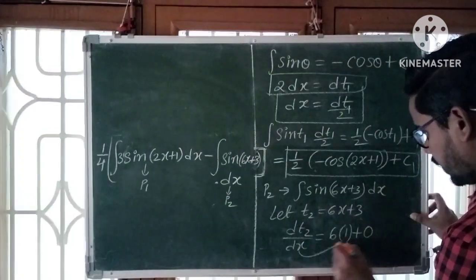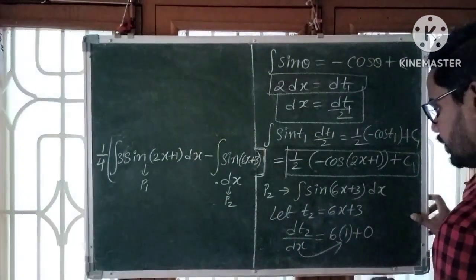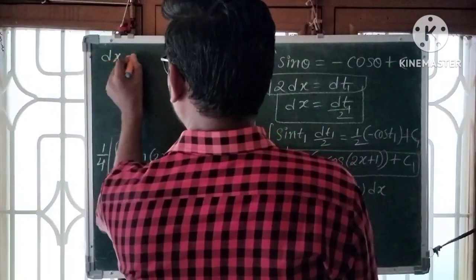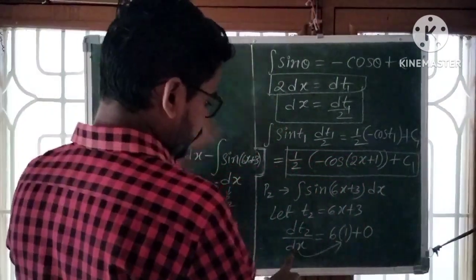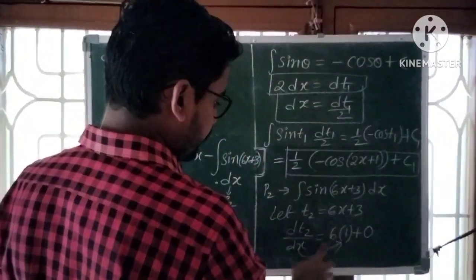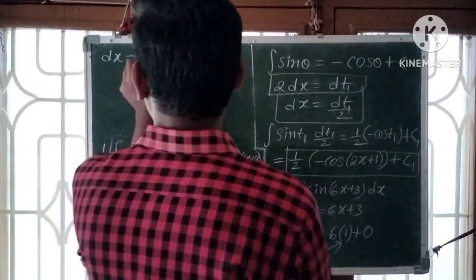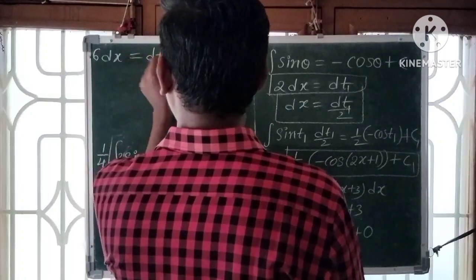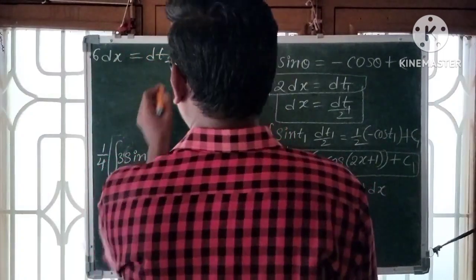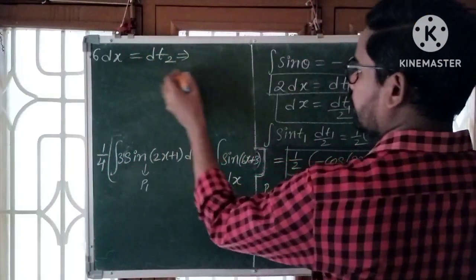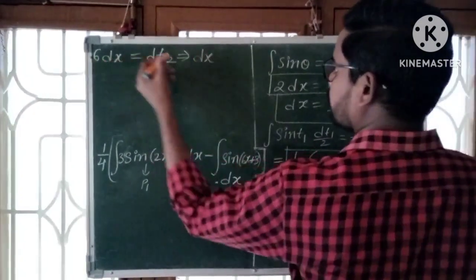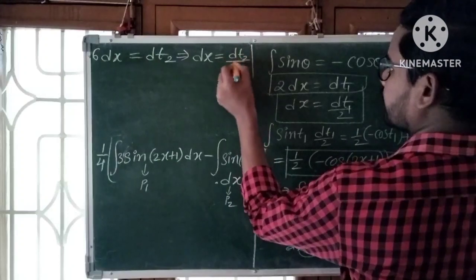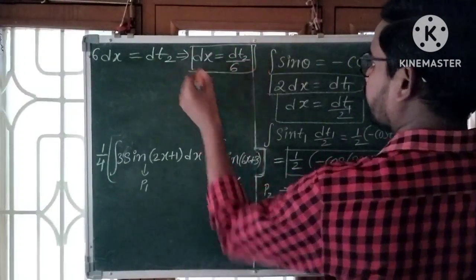Now transpose dx: 6 dx is equal to dt2. We need only dx, so dx is equal to dt2 by 6.